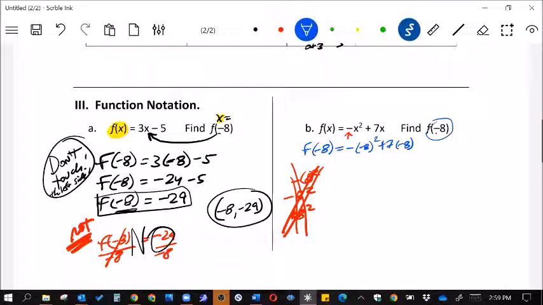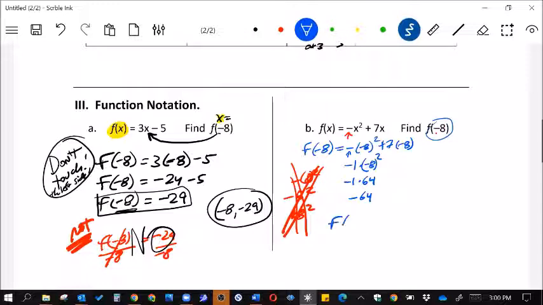Follow the order of operations. Think about the fact that that's negative 1 times this negative 8 that's now being squared. Exponents come first. So that's negative 1 times, well, negative 8 times negative 8 is a positive 64. Now, because of this negative that's on the outside of it, it becomes negative again, negative 64.